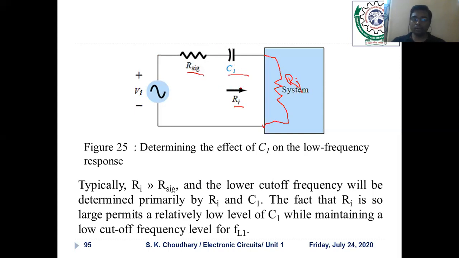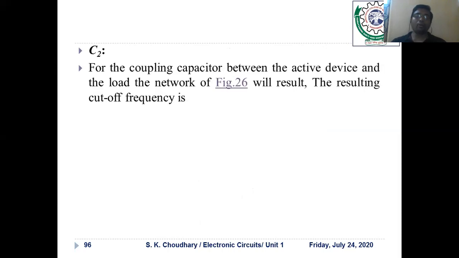Okay. Now we come to the other coupling capacitor and its effect on deciding the lower cutoff frequency. For the coupling capacitor between the active device and the load network, as seen in figure number 26, the resulting cutoff frequency would be FL2 equal to 1 upon 2 pi (R0 plus RL) into C2.